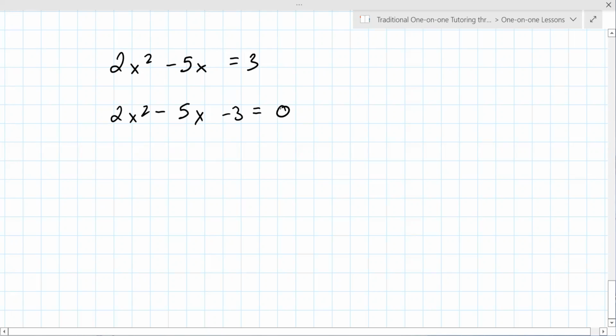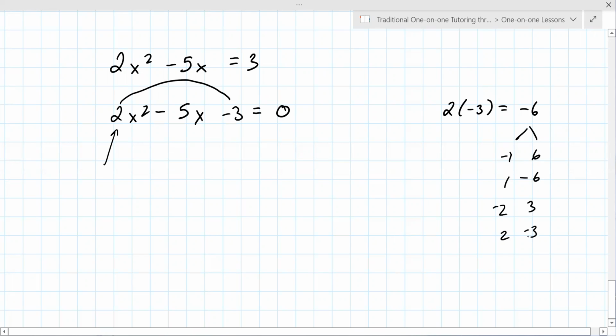This is because there's not a 1 in front. This is when you have to multiply the first number, the coefficient, and the last number. So you multiply 2 times -3 together, and that's -6. And then now you're looking for two numbers that multiply to -6 but add up to -5. You can either just list them or you can just come up with the one.